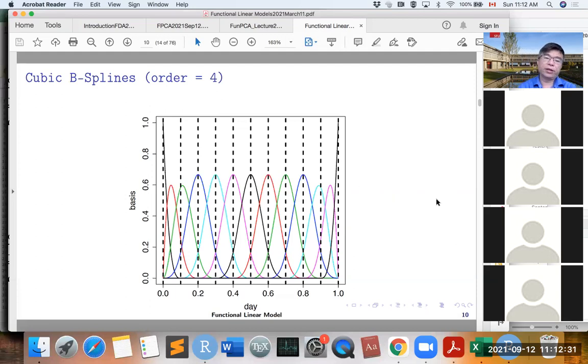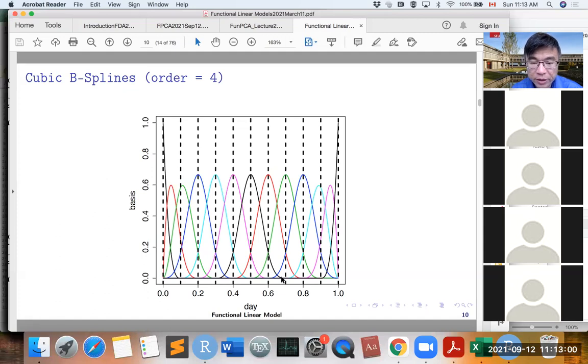Each colored curve here is one basis function. If you look at this black function in the middle, it is a bell curve, right?